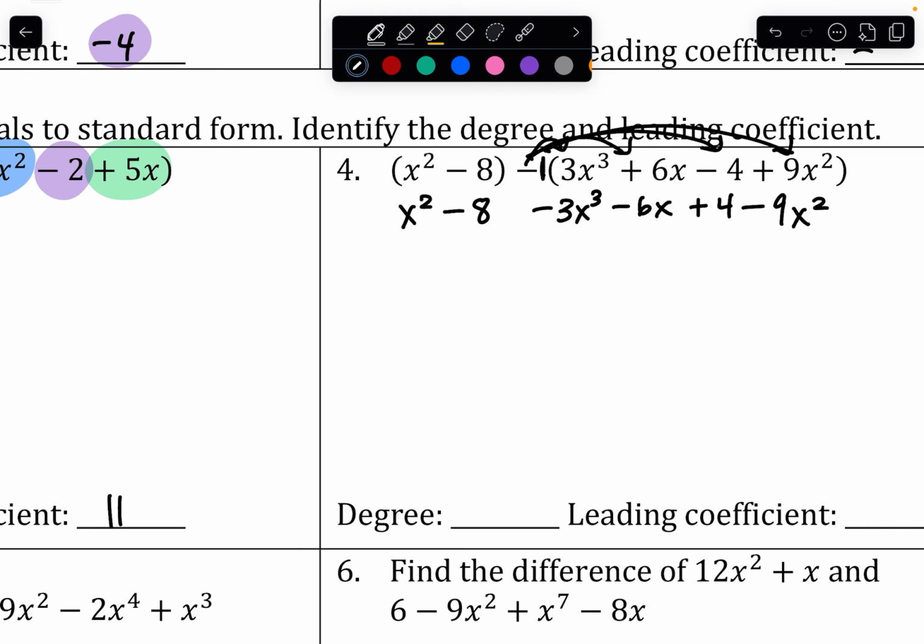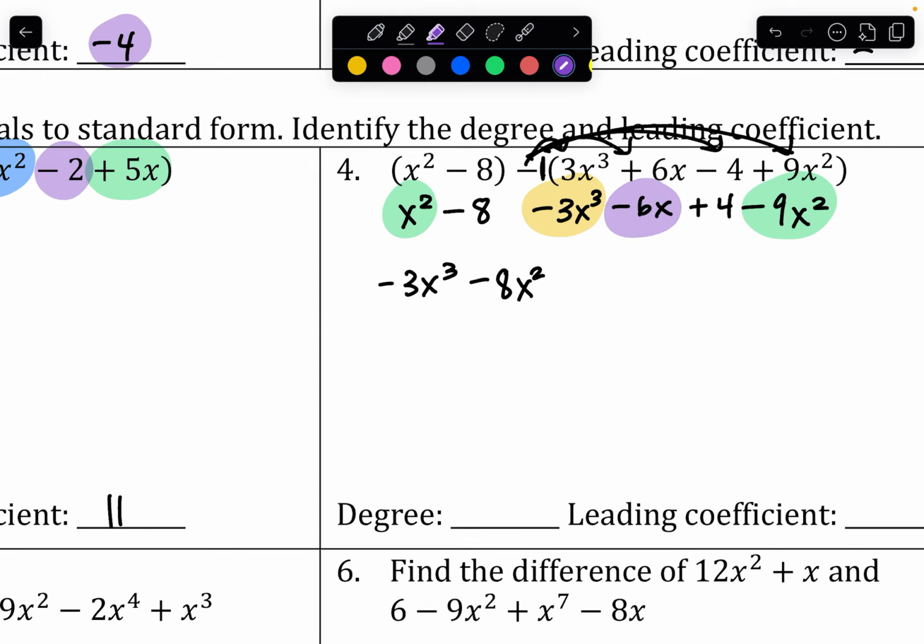So it looks like my highest exponent is x cubed. There's no other x cubes. And then x squared would be next. We have x squared and negative 9x squared for negative 8x squared. And then x would be next.